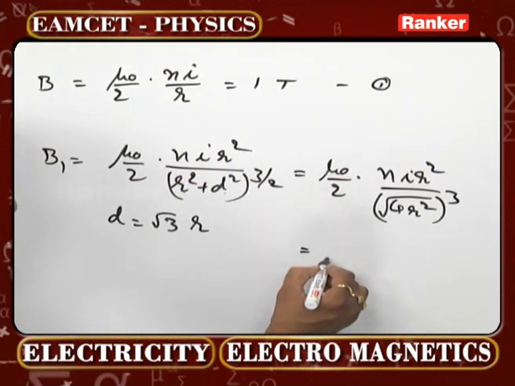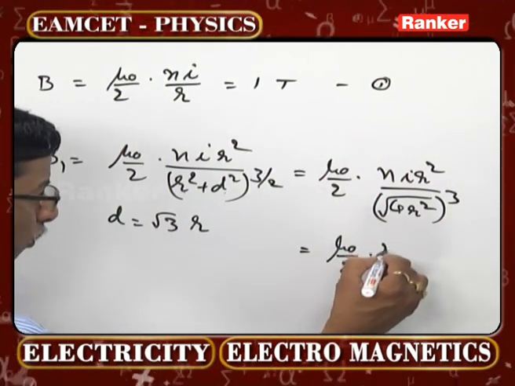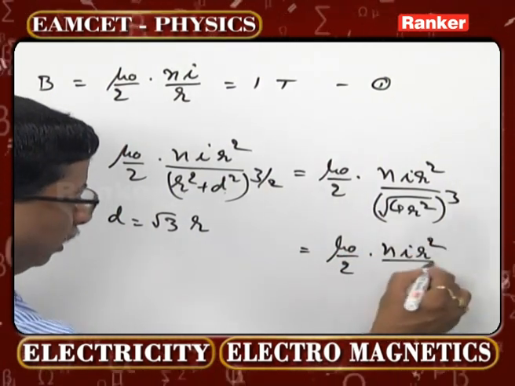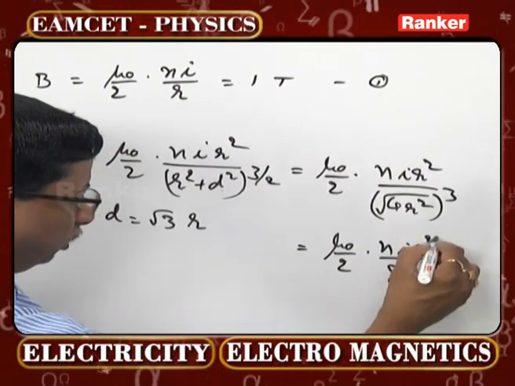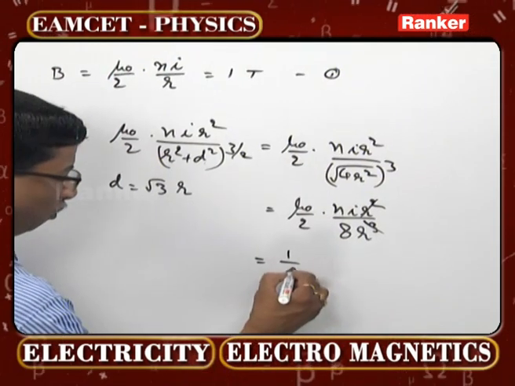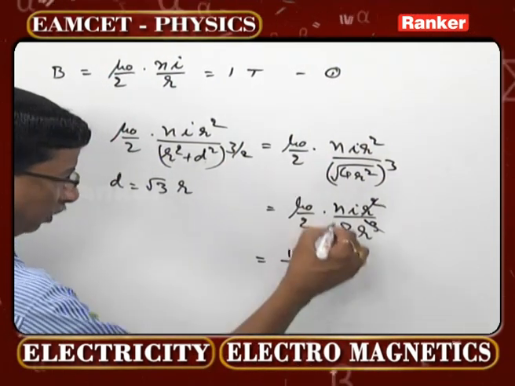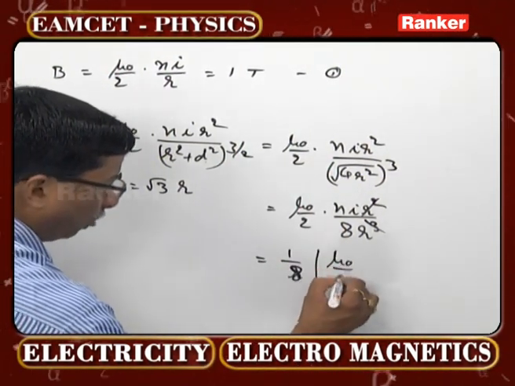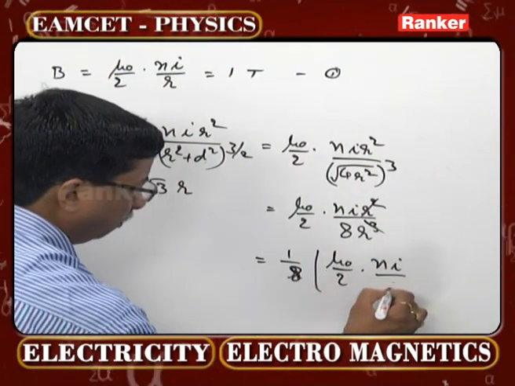So mu naught by 2 Ni r square by 8r cube. The r square cancels, so what is left over is 1 by 8 into mu naught by 2 into Ni by r.